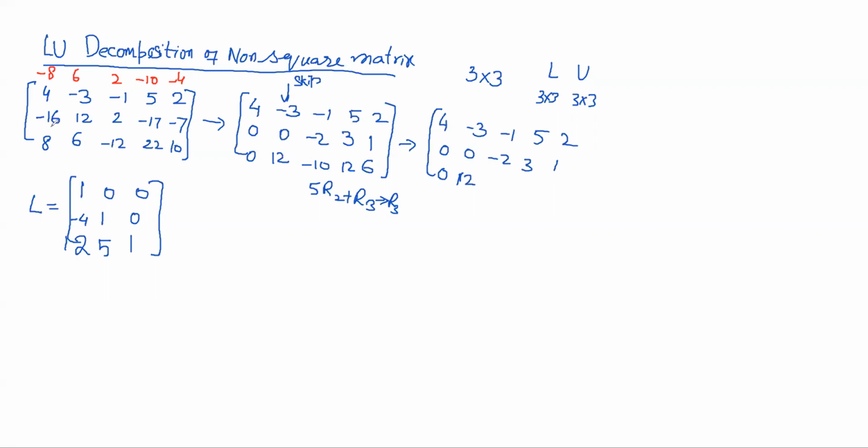I think I had made some mistake somewhere, because this should not be 12 here. This should be 0, because otherwise we will not get the upper triangular matrix. So where did I make the mistake? First I had this matrix: 4, minus 3, minus 1, 5, 2, minus 16, 12, 2, minus 17, minus 7, and then 8, minus 6, minus 12, 22 and 10.